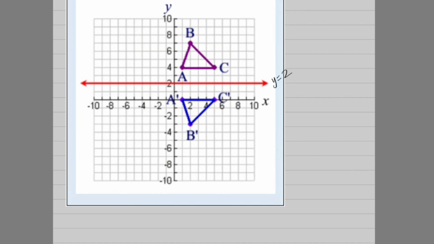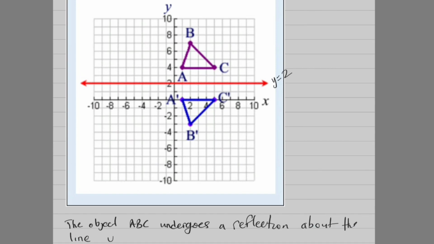So we can say the object ABC undergoes a reflection about the line, which is the mirror line, y equals 2. And that is how we describe a reflection.